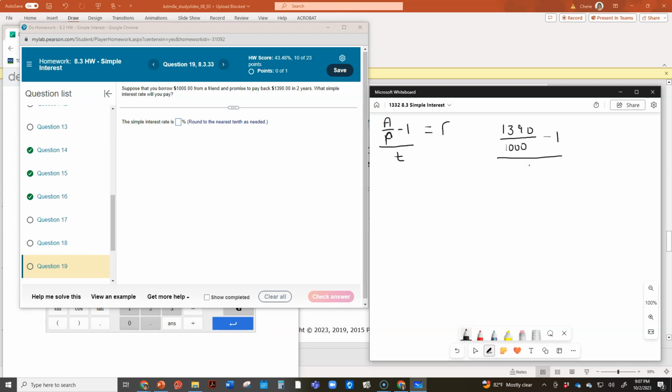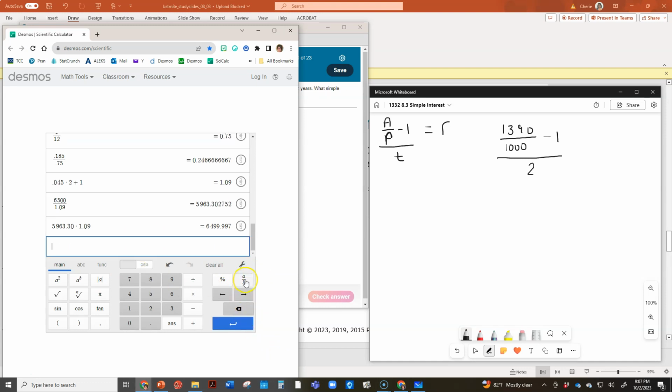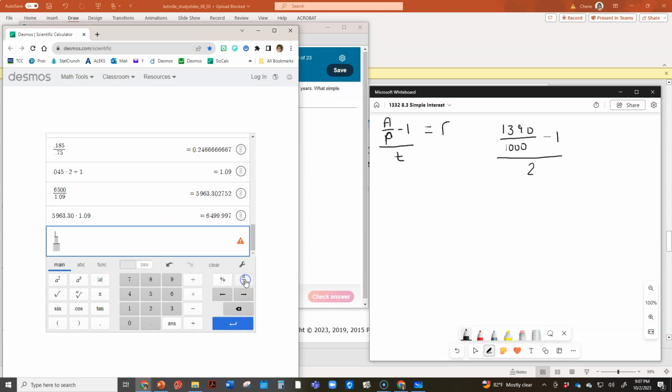Okay? So now that's just a great big fat calculator problem. You can do the same thing over here. You can do a fraction bar, and then in the top, put another fraction bar.